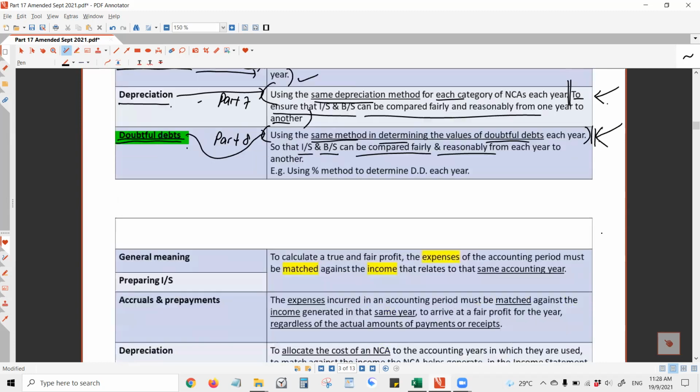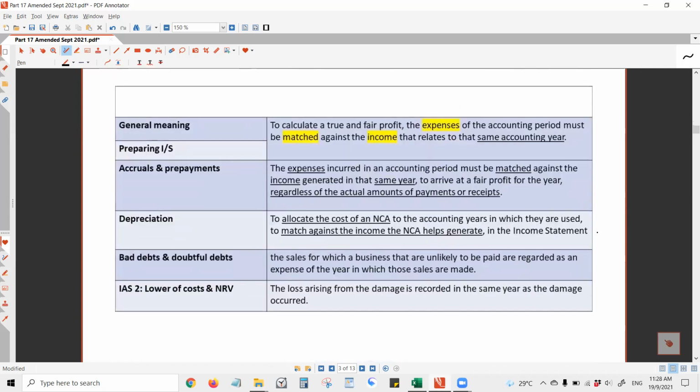The next table is also a principle you have seen before. It's a very popular principle known as accrual principle. The synonym is matching principle. Accrual principle means the same as matching principle. You have seen this many times.